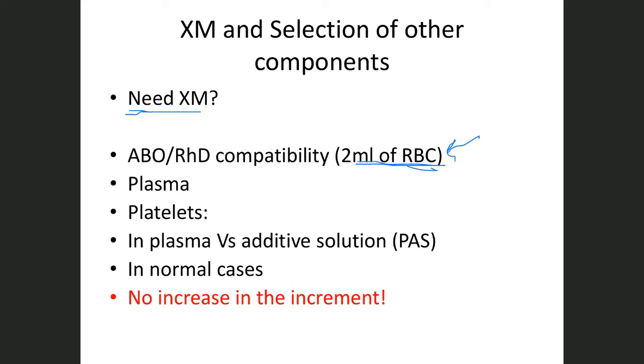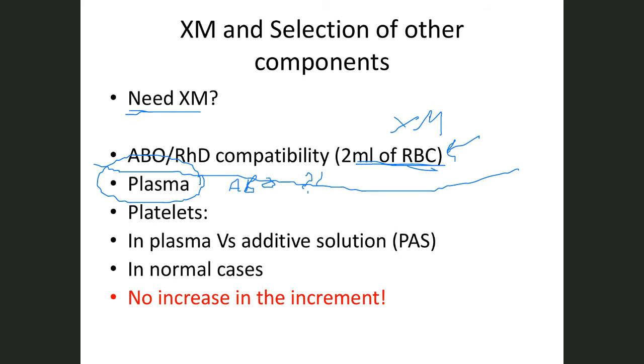Let's see now. For those we cross match, they should be ABO and D compatible. So for plasma, let's talk about ABO compatibility and D. Do you think plasma should be ABO compatible? If a patient needs B, do I give B plasma?